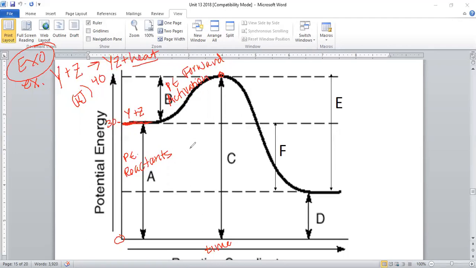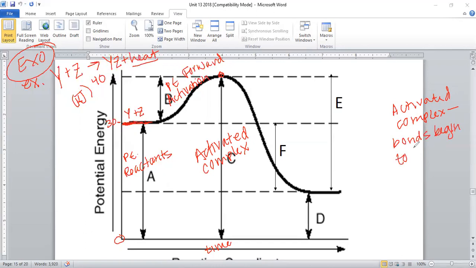So letter C is the potential energy of the activated complex. I'm not going to write potential energy anymore because that's the unit here. So this is your activated complex. Your activated complex is like a transition state, where bonds begin to break or form.